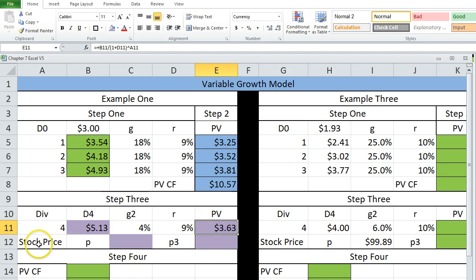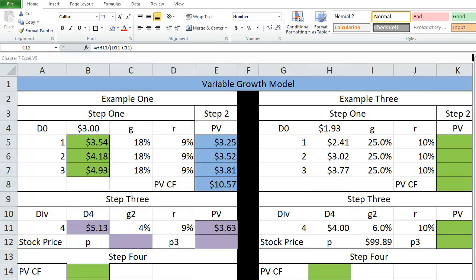So when we want to calculate the stock price, what are we going to do? Well, remember that there's the formula up there, we have different methods. We're going to use the valuation methods we saw before.